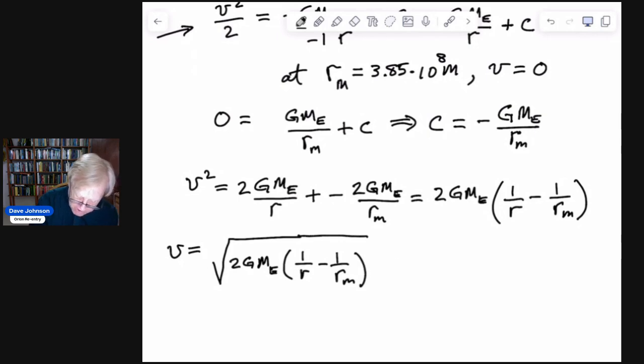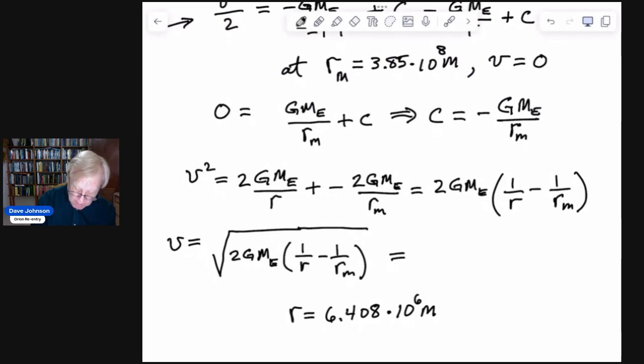And if you plug in the numbers, let's use r here to be the radius of the Earth plus about 30 kilometers for where it enters the atmosphere. So if you take the radius of the Earth and you add 30 kilometers, you get about 6.408 times 10 to the 6th meters.